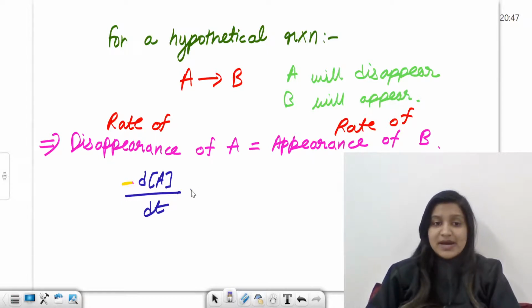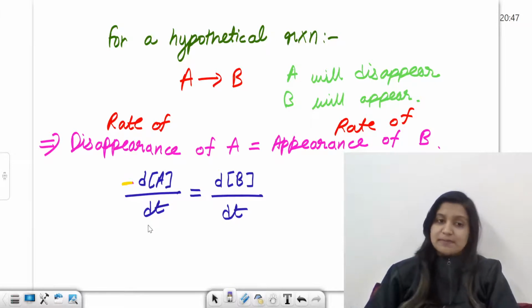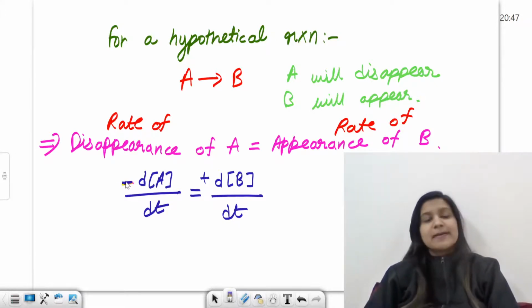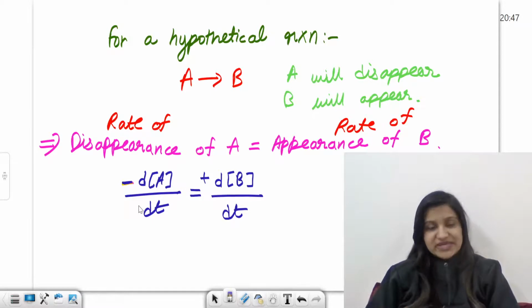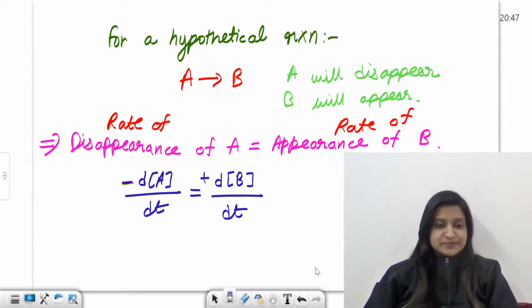Okay. So minus of dA by dt will be equal to plus dB by dt. This is plus and here this is minus. So this is how we write that rate of disappearance of A will be equal to rate of appearance of B. All right.